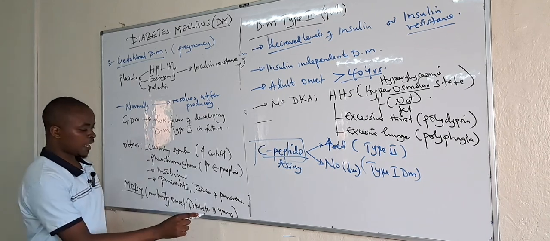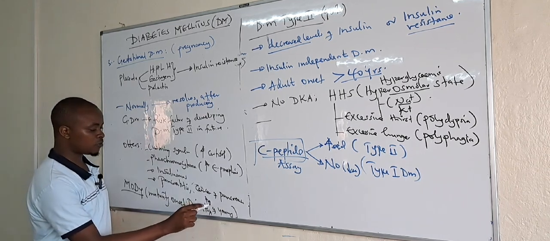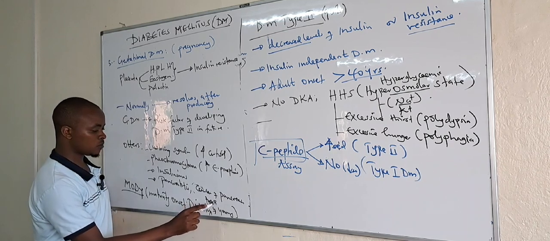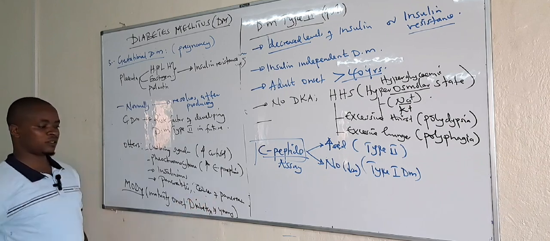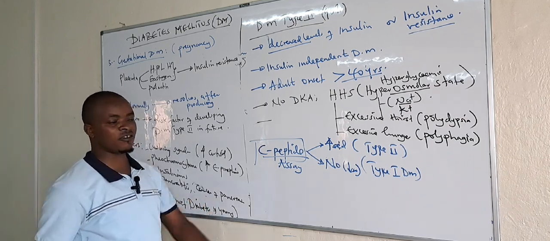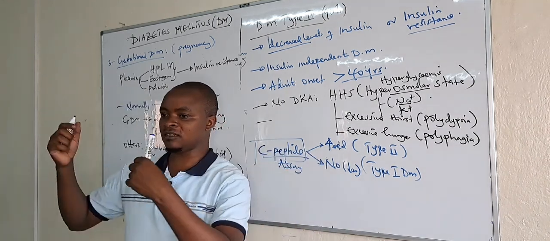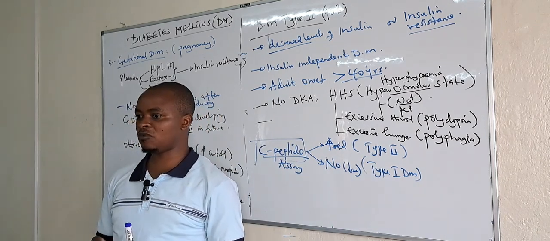You find you are having diabetes in younger people, but coming at a later age. That is what we call MODY.